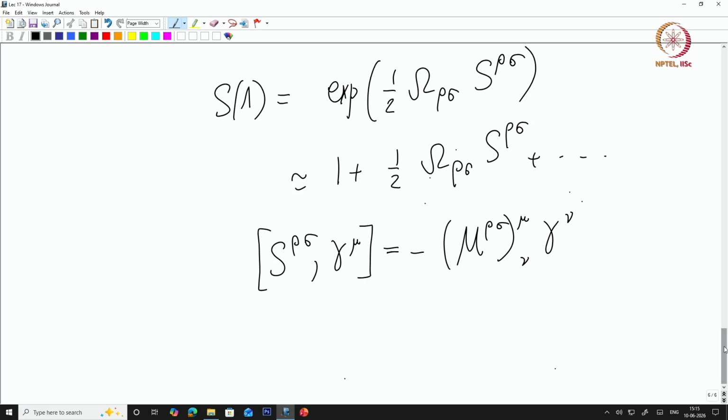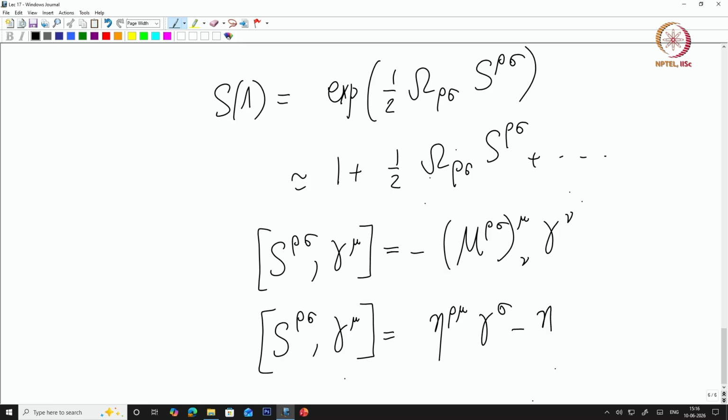Now you can express this as the commutator of S rho sigma with gamma mu is equal to eta mu gamma sigma minus eta sigma mu gamma rho.